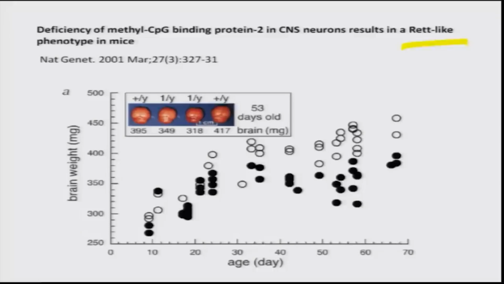and that can be translated for the human. So, you can see here what we are talking about is the brain weight, because often you must have seen when the baby is born, one of the physical examinations that is done normally every once in 6 months is to look into the size of the head circumference, because that is an indicator as to whether the baby is growing normally or not.